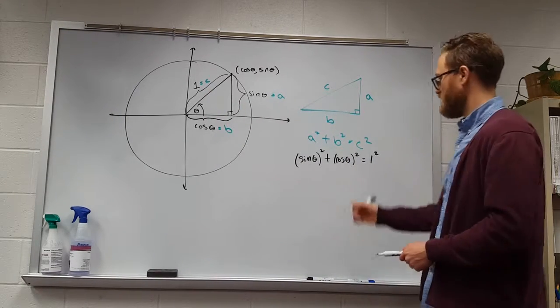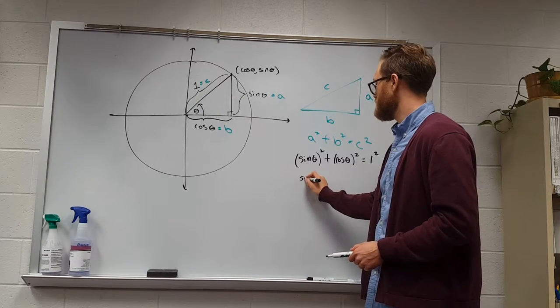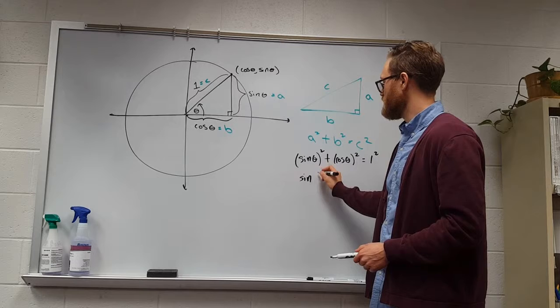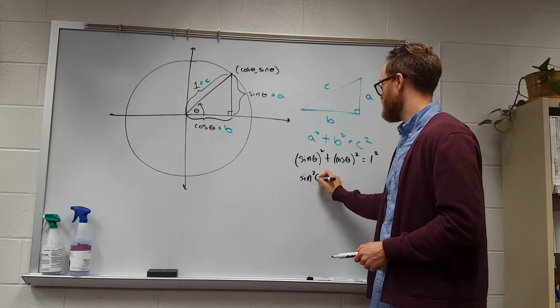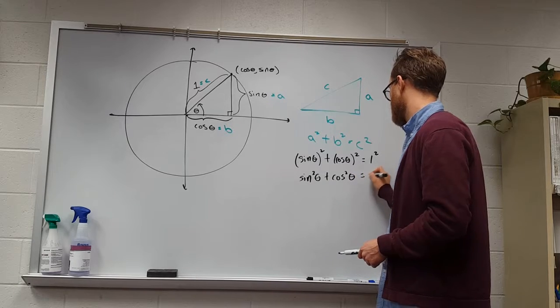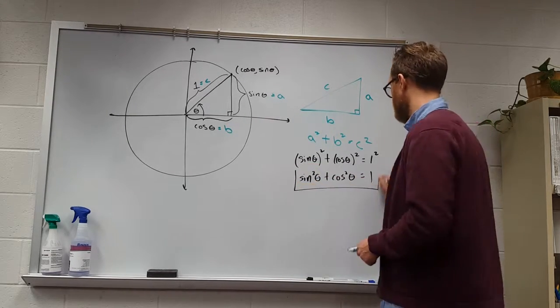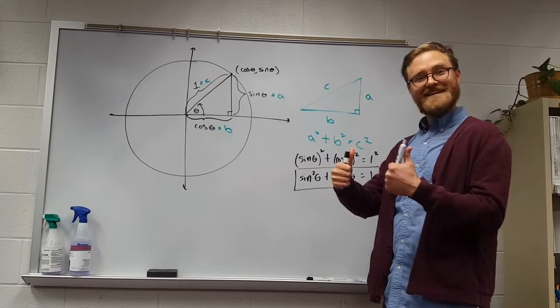And we pretty much have it. The only thing that I'm going to change is that most of the time, it's written this way. And that's how you come up with the Pythagorean identity.